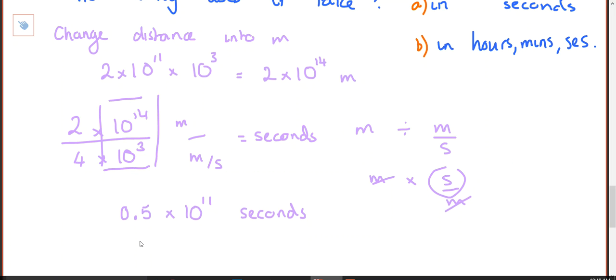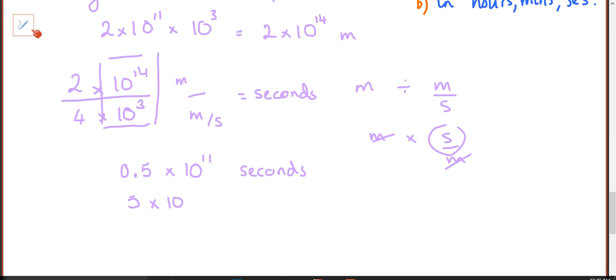Oh, the decimal. Take one of the 11s away. So it's 5 times 10 to the power of 10. Because I'm going to do it the long way again, just to explain to anyone. The 0.5, is it 10 or is it 11? It's 10.